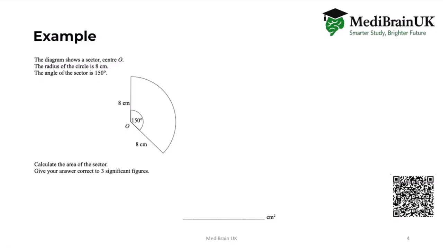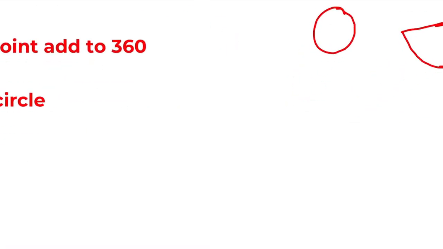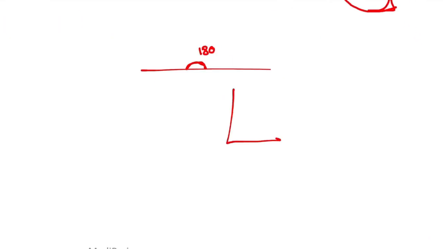What do I mean by around the center? If I said to you, we have a line, and I asked what do the angles on this line add up to, we're working out this angle over here, and that would be 180 degrees. If I said a right angle, we know that a right angle adds up to 90 degrees. Similarly, if you just had a point and you wanted to know what the angles around a point add up to, you're working out the whole angle there.